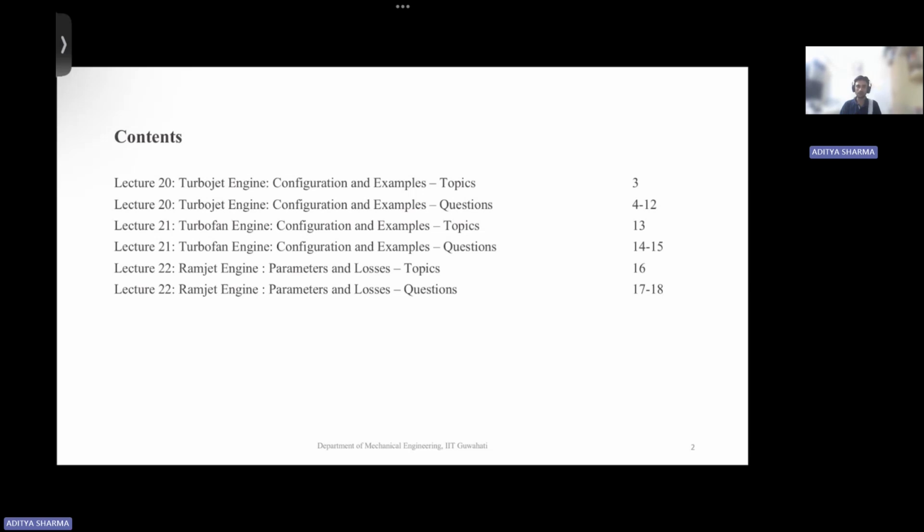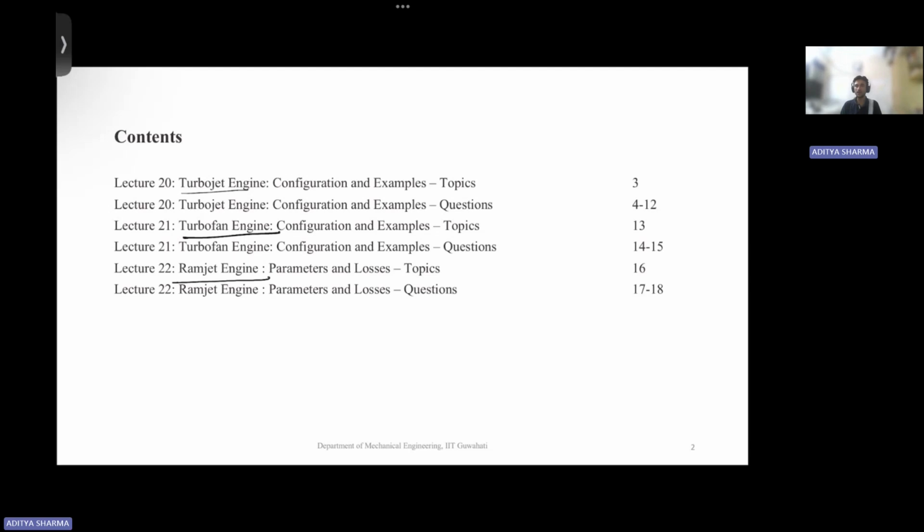In these lectures, three different types of engines have been discussed. First one is your turbojet engine, second is your turbofan engine, and then is your ramjet engine.